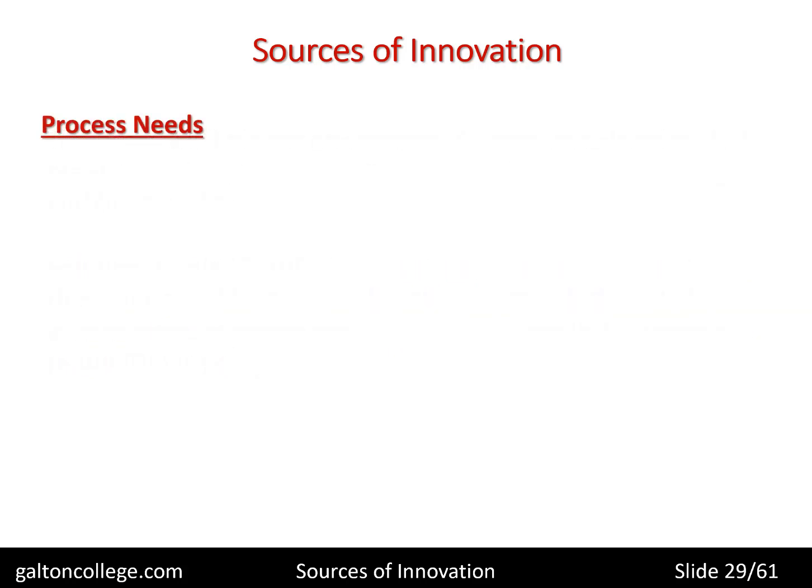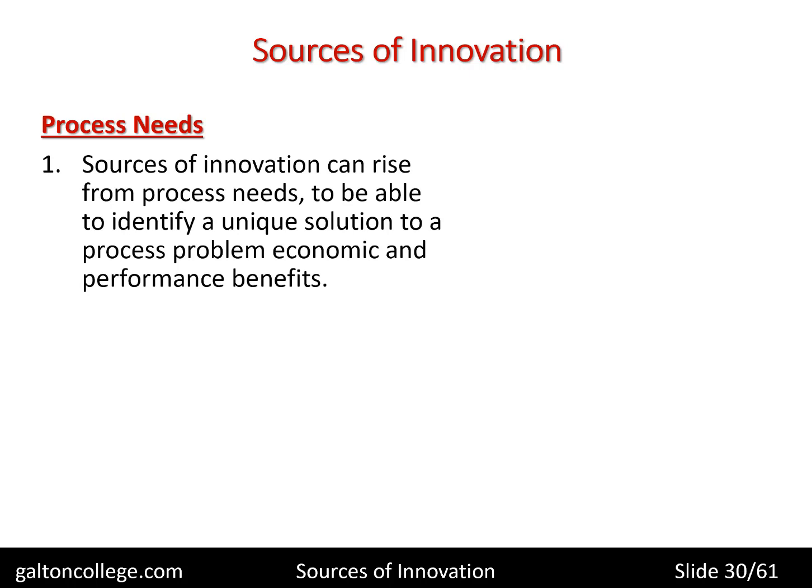Now, process needs. Sources of innovation can rise from process needs, to be able to identify a unique solution to a process problem, with economic and performance benefits. So sometimes we have a need, a process need, and the process could be to make the product, make it efficiently.